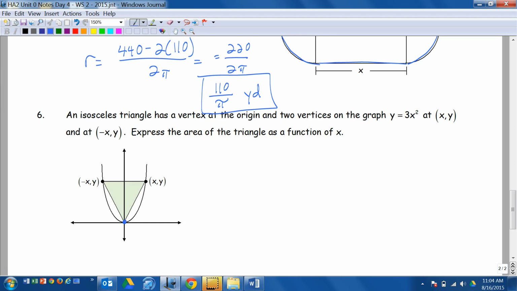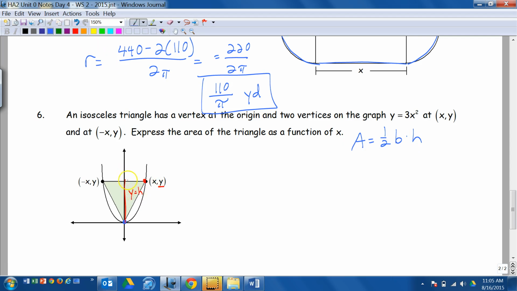So the first thing you need to know is what is the area of any triangle. Well, the area of a triangle is 1/2 base times height. So now we have to convert base and height to our diagram. The height starts at 0 and then moves up in the y direction, and then it goes up to y. Do you see how this point is x comma y? So it goes up to y. So that's what our height is equal to.